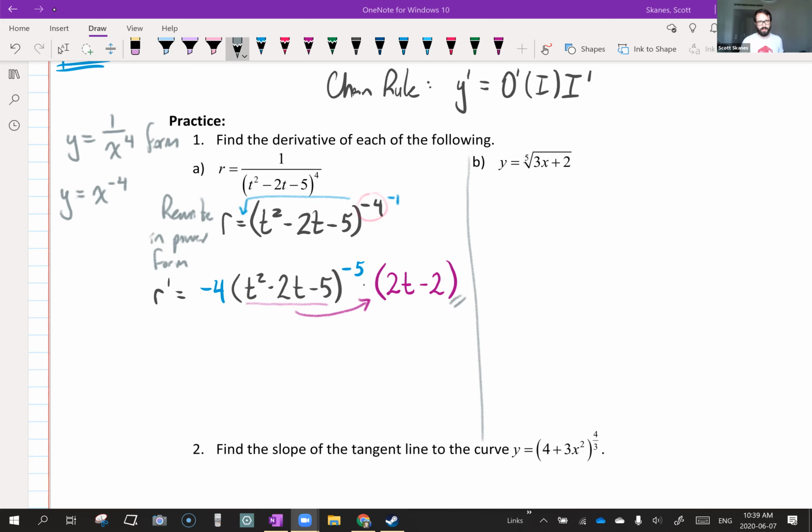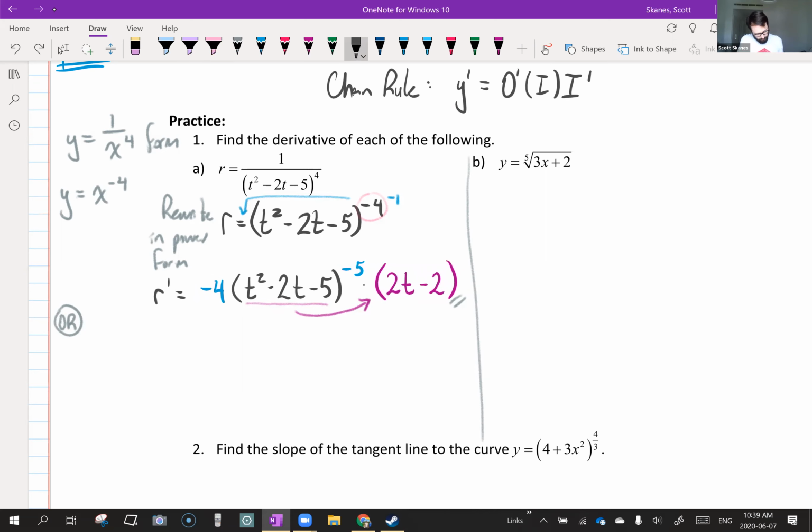Just a review of what we did last time, but I wanted to make sure I reviewed it. I'm going to put an "or" because it is important that we are able to simplify these sometimes. So if I need to simplify, I'm going to do two things. I'm going to take this -4 and multiply it by this, and then I'm going to bring the fraction down by changing that power.